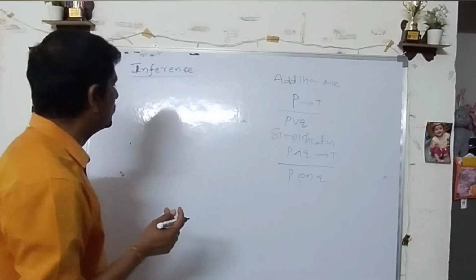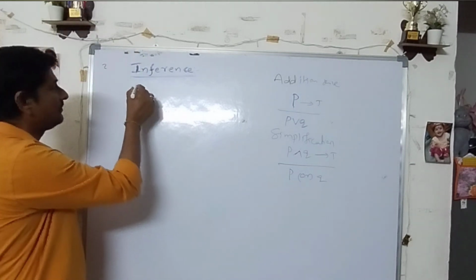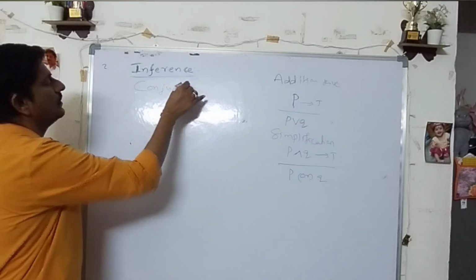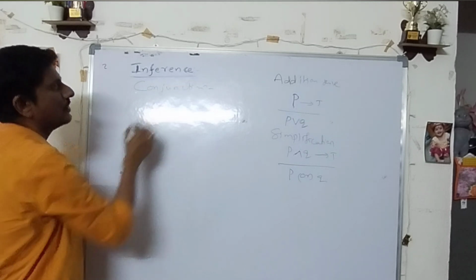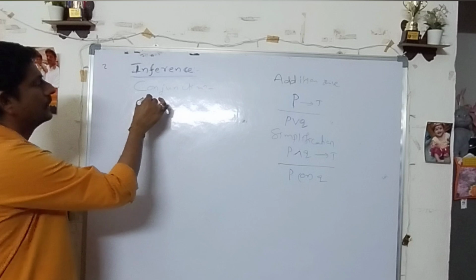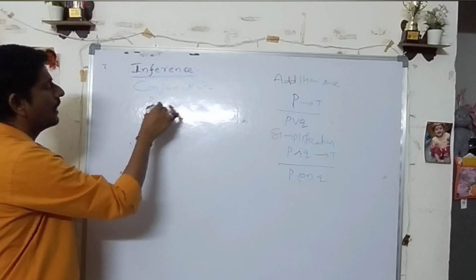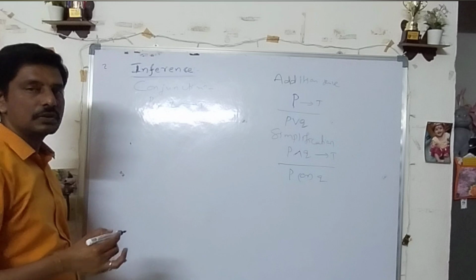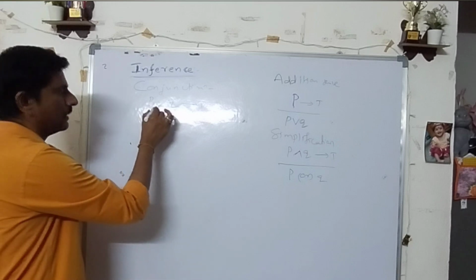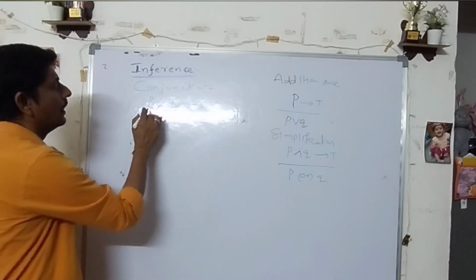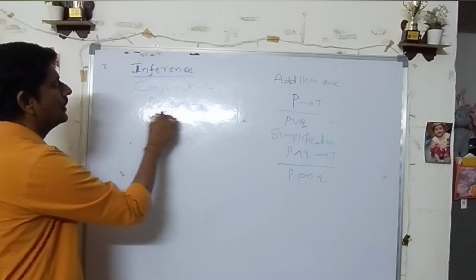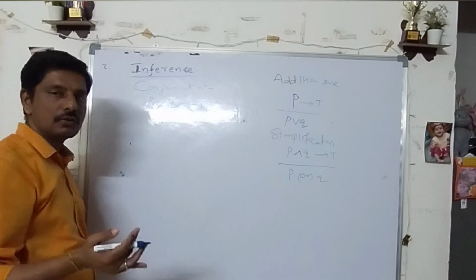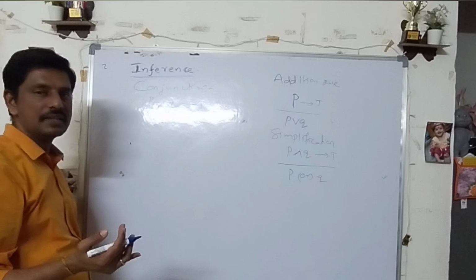Next, the other rule is the conjunction rule. Conjunction means if P is true and Q is true, then P and Q is true. If both are true, then the AND symbol is true.